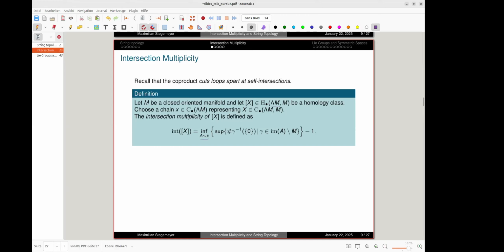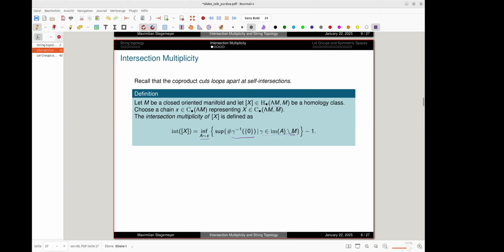We take the infimum over all relative cycles representing X. In each cycle, we look at the image, and then we take the non-trivial loops, all loops in the image which are not constant loops, and then we count the base point self-intersections, and you take the supremum.